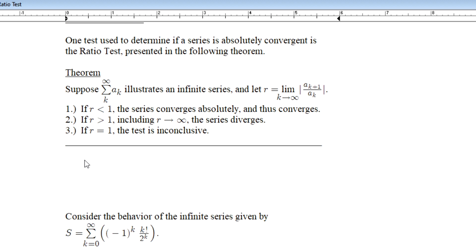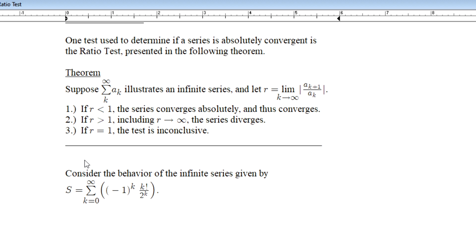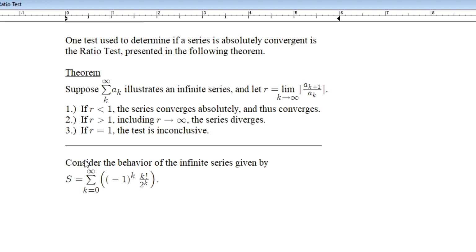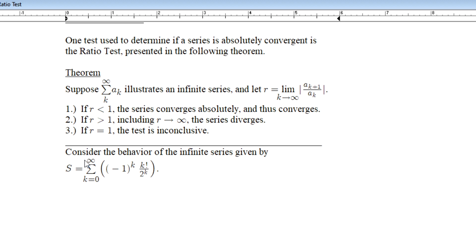This example does highlight the cases where this is certainly a very appropriate approach. If you take note here in this infinite series, first of all, we notice this factor (-1) raised to the kth power.